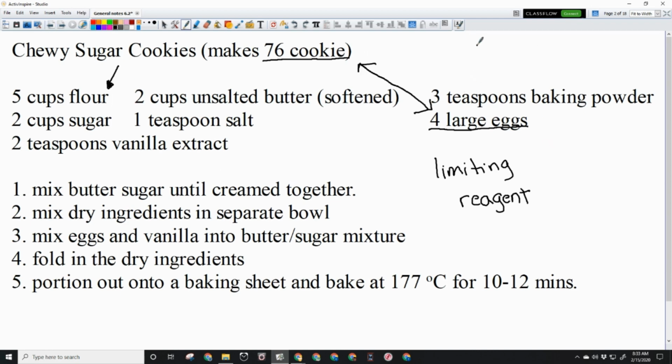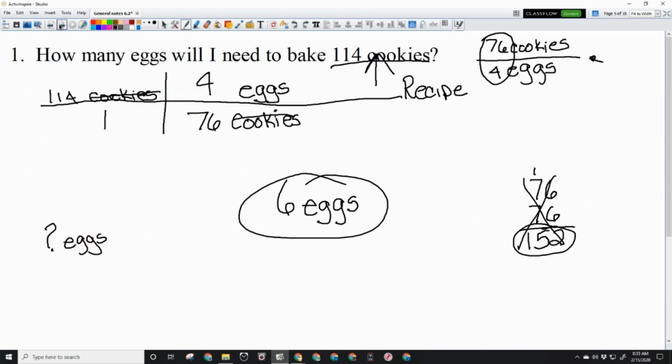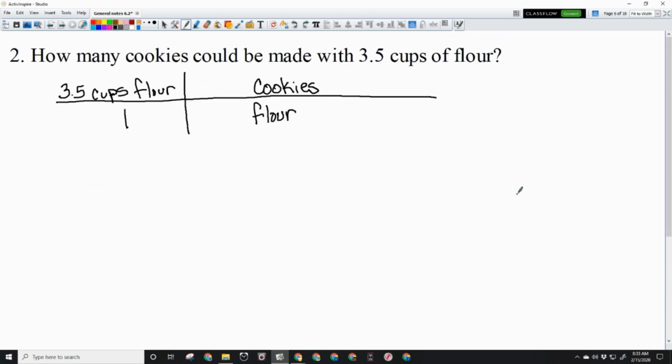And for 5 cups of flour, it's going to make 76 cookies. Okay, so it's 5 to 76. So I'm going to go back here and write this down so I can remember that. So 5 cups of flour to 76 cookies.